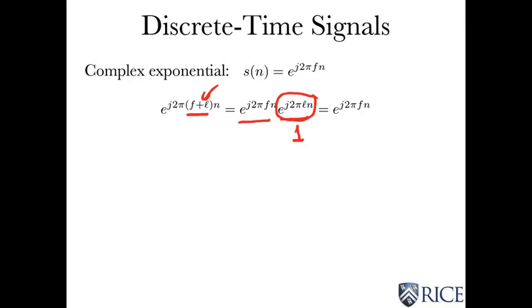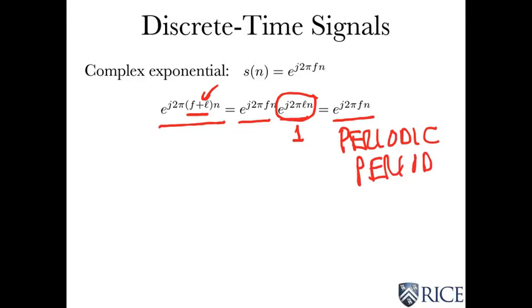So this is equal to that. That's the definition of a periodic function. So this is periodic for any integer, and of course we want to pick the smallest period, with a period of 1.